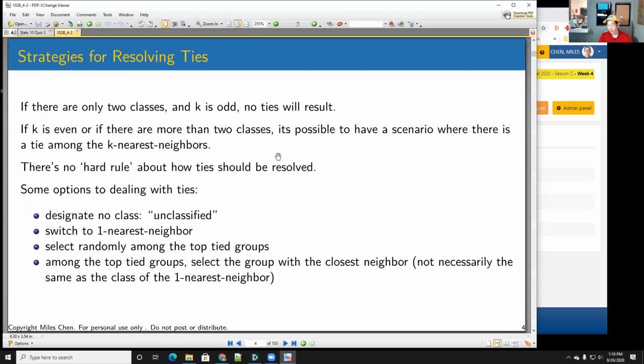Okay. We have a question. It says, how do you deal with categorical variables when calculating distance? That's a good question. K nearest neighbors is basically a numeric algorithm for numeric variables only. So if you have a categorical variable, you have to convert it to be numeric somehow. Either you choose 0s and 1s, or some other value.